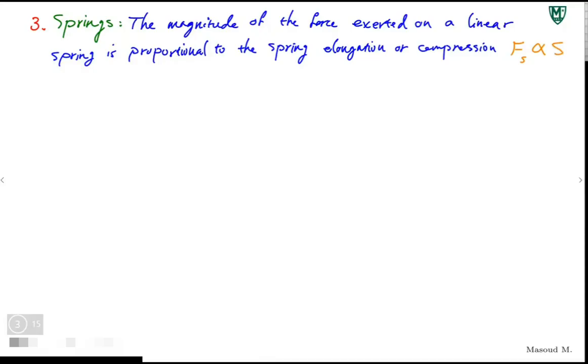So if you measure the amount of force and the amount the spring is stretched and plot that on a graph like this, let's say you're measuring how much force you're applying.